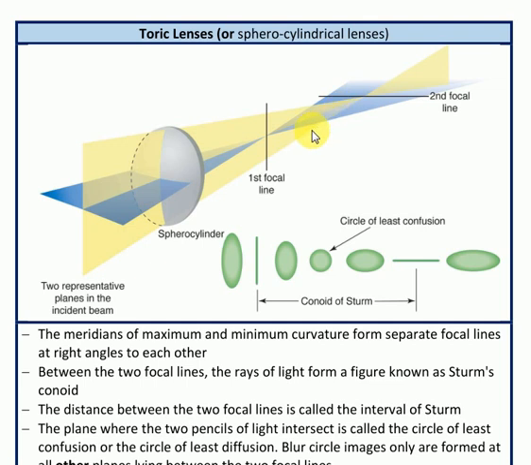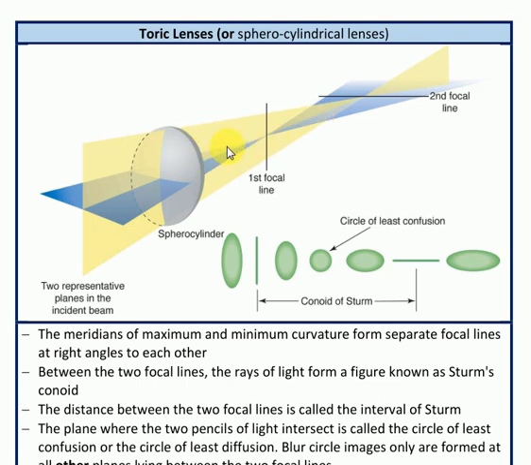The plane where the two pencils of light intersect is called the circle of least confusion. So here both the lines intersect, and this is called the circle of least confusion.